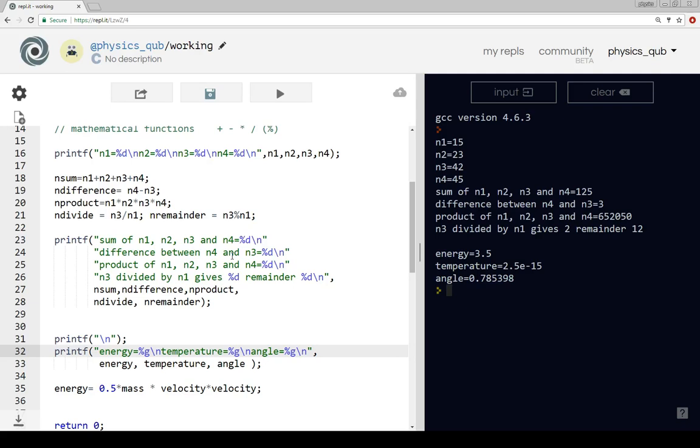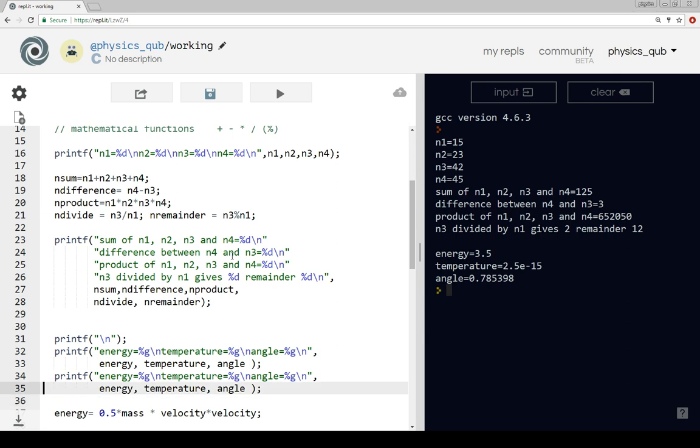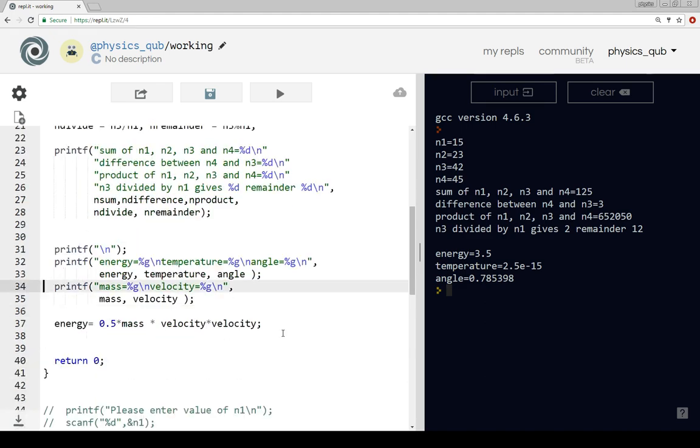Now I should add a statement to print out the mass and velocity, so I can do that just here. And now we want to print out the new energy.